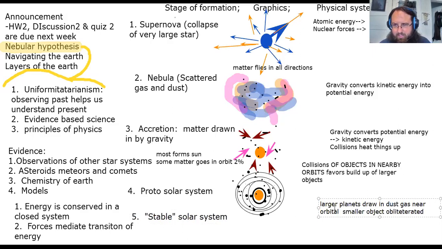And the smaller objects are generally obliterated, or they find some place where they're not colliding with anything. So for example, our asteroid belts are a great example of this. And this is how we get our final solar system.